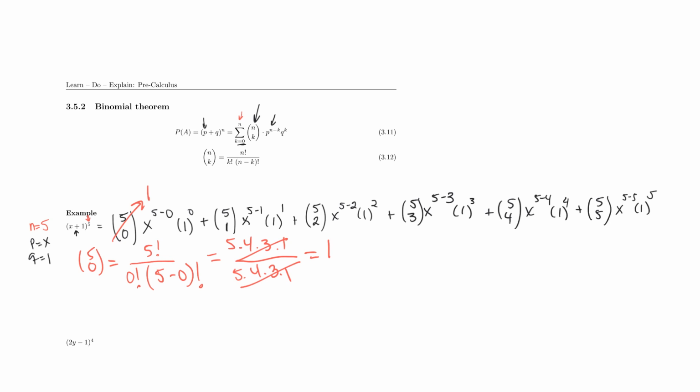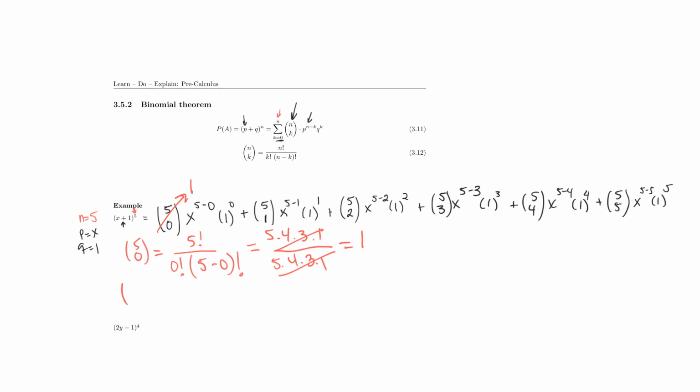Let's do now 5 choose 1. 5 choose 1 will be 5 factorial over 1 factorial times 4 factorial, right? Because it will be 5 minus 1. Then we put this in our calculator and we end up with 5. Now we do 5 choose 2.